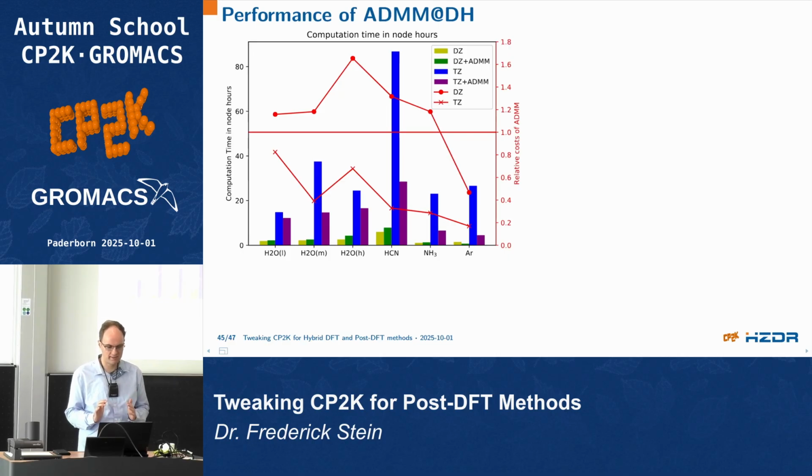So that really means that the Hartree-Fock part of such a double hybrid functional calculation still really depends on the Hartree-Fock performance. But if we go to a larger basis set, so a triple zeta one that I would recommend you to use, then you will always observe an acceleration using the ADMM approximation.